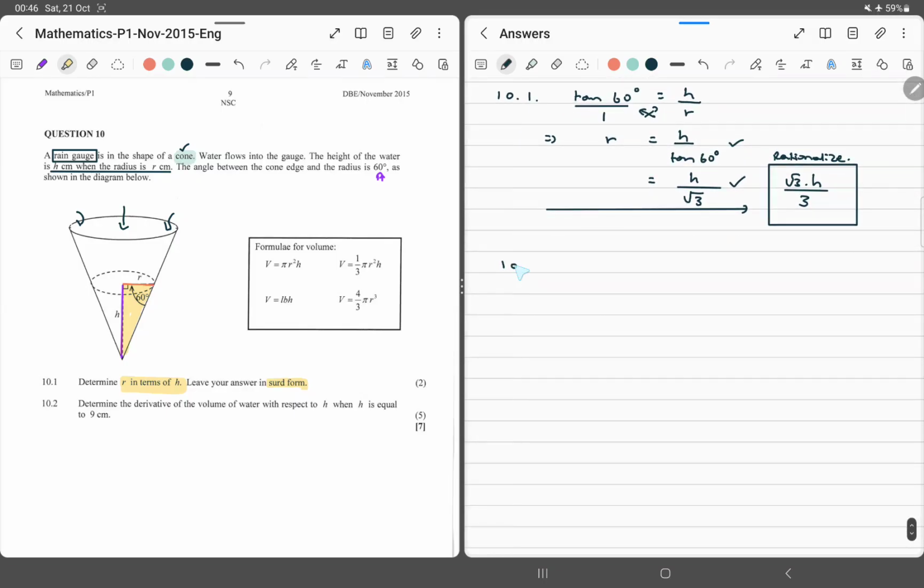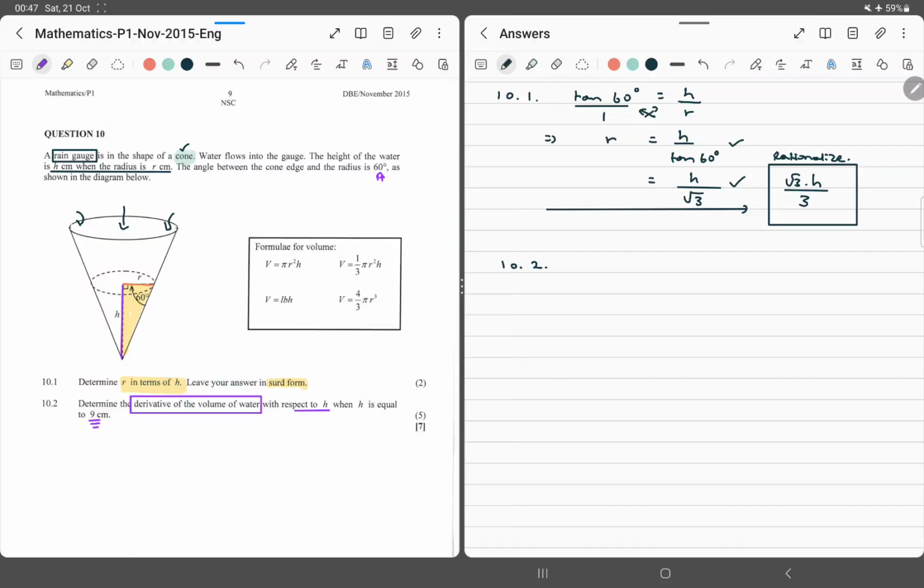So 10.2. We're told determine the derivative of the volume of water with respect to h, when h is equal to 9 centimeters. Okay, great. So this is a very silly question, is it not?